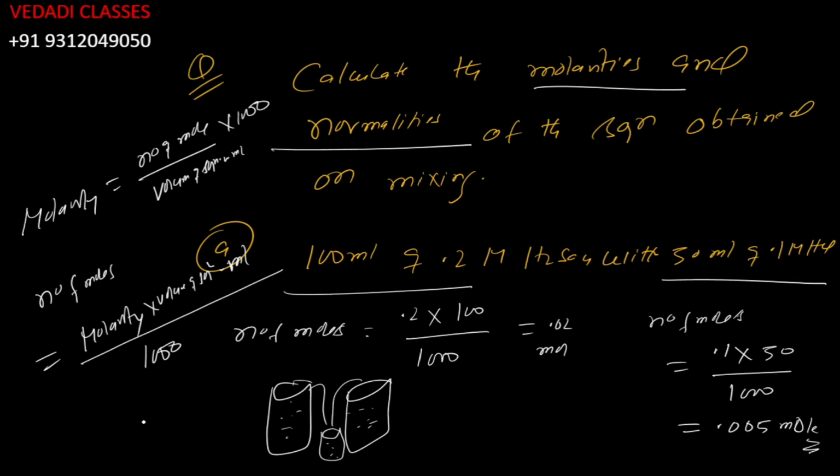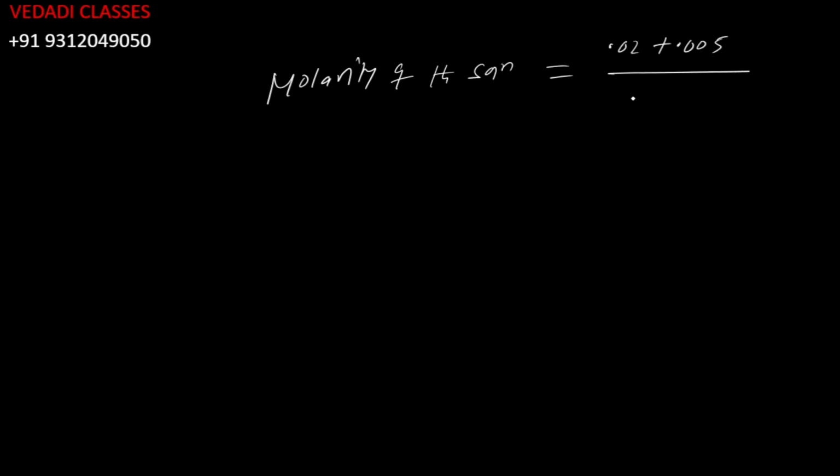The total volume is 100 ml and 50 ml, 150 ml. With the total number of moles you can find out the molarity. So molarity of the solution is equal to total number of moles, 0.02 plus 0.005, divided by total volume.